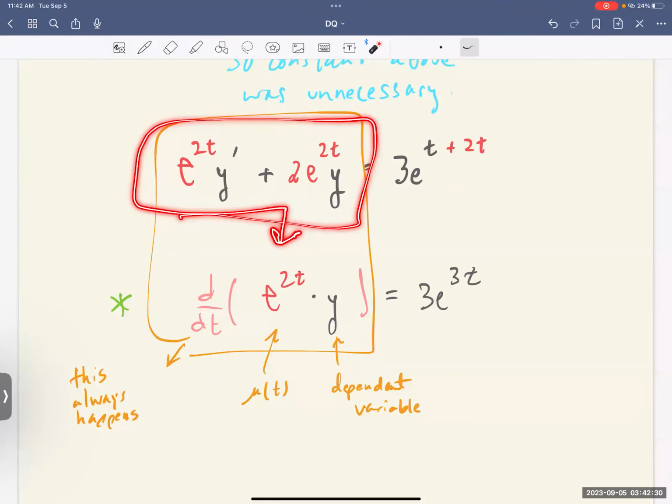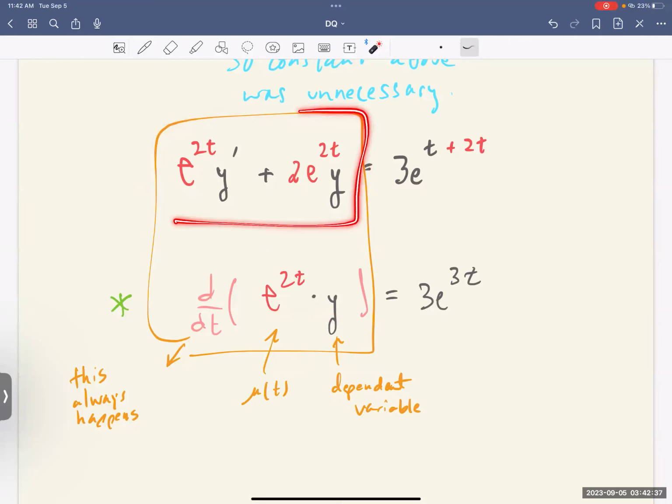It will always become the derivative of the integrating factor and the dependent variable. And that's what this is. If you were going to differentiate, first function and second function, then this is the first function times the derivative of the second, plus the second function, 2e to the 2t, times the derivative of the first. That's why we're writing it as the derivative of those things.